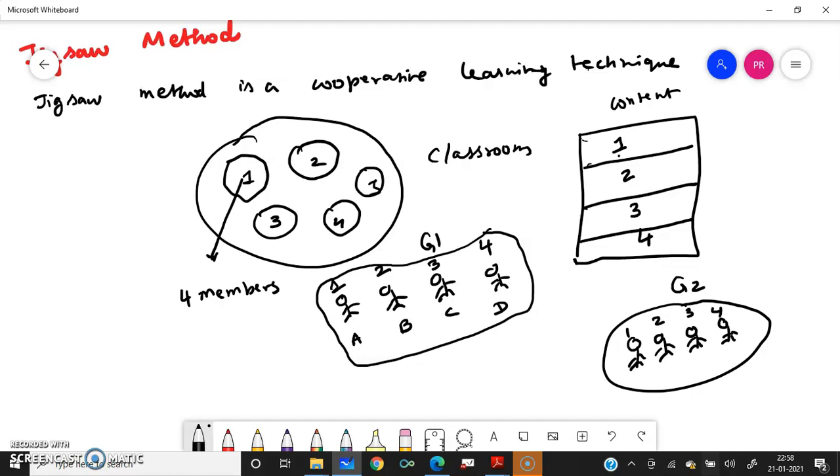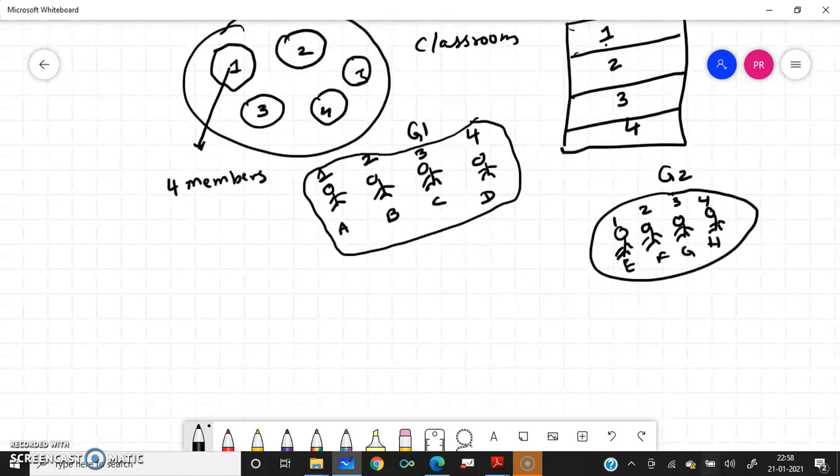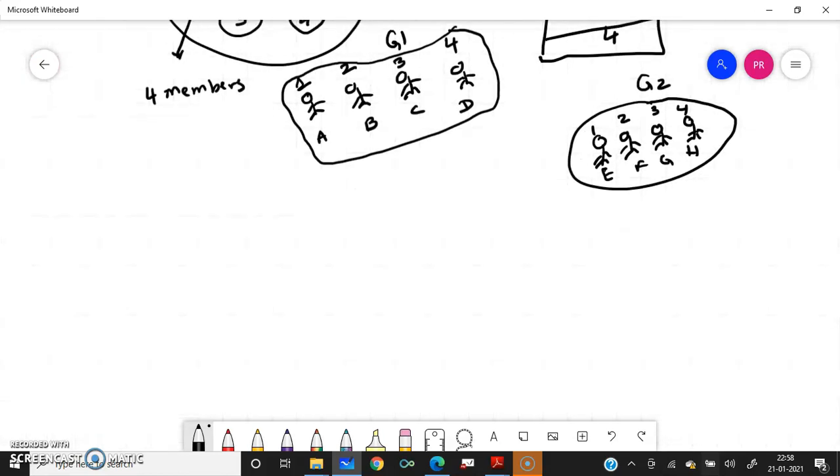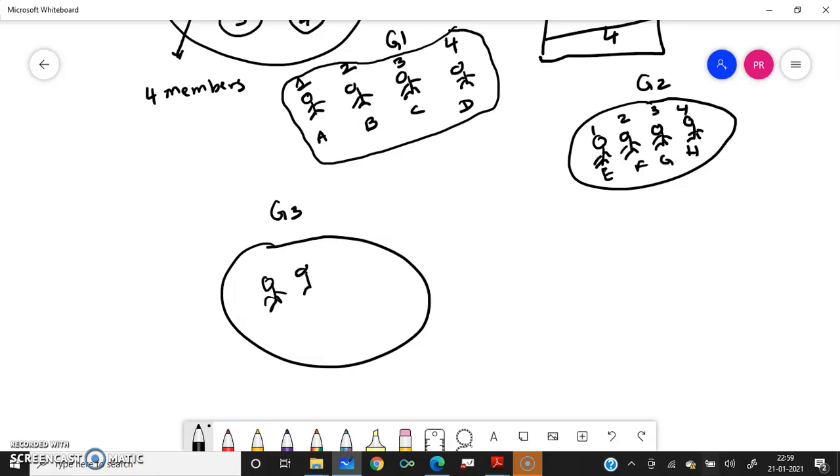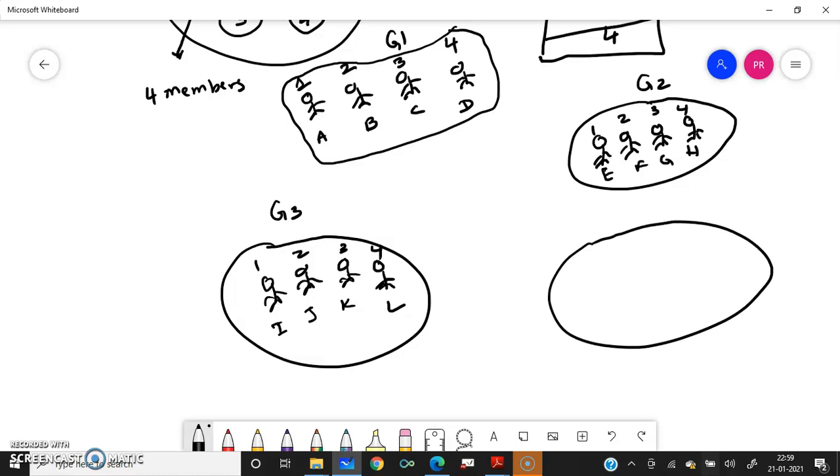Let them be E, F, G, H. One more group is there, Group 3, and like this it goes on. 4 members are there in the group: I, J, K, L. First content is given to this student, second is given, third is given, fourth is given.